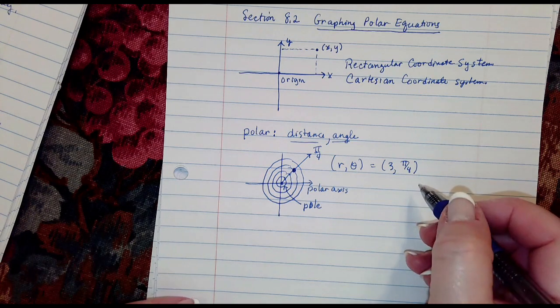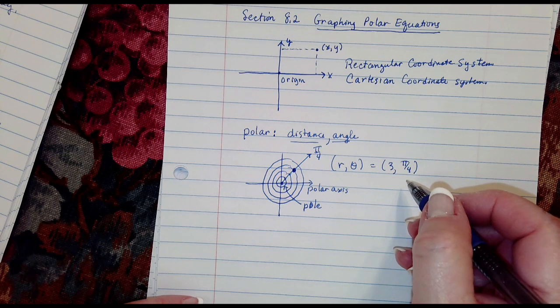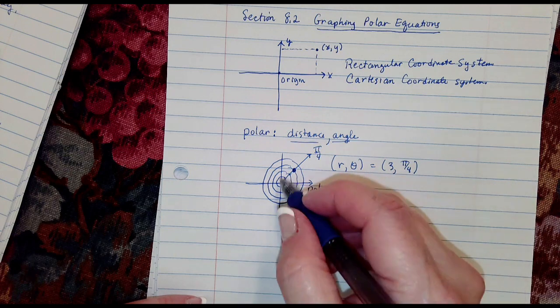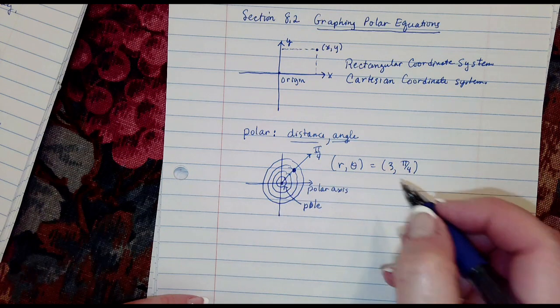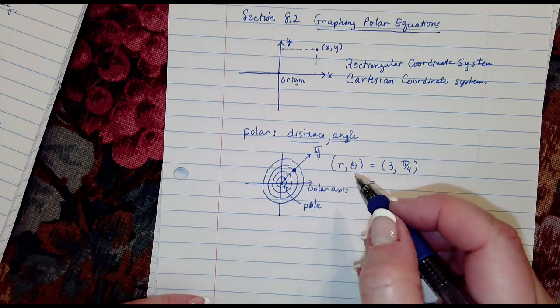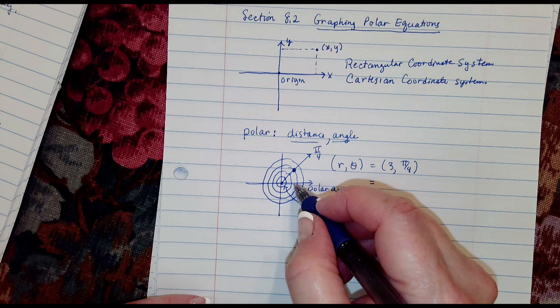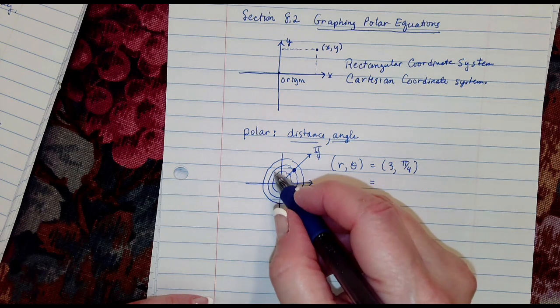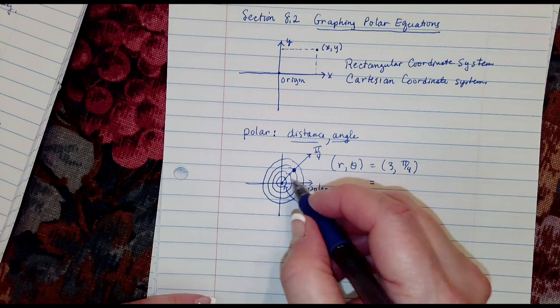Now, the thing about polar, compared to rectangular coordinates, is that there's more than one name for every point. There's actually an infinite number, because we could go around and stop there, go all the way around and stop there, and just keep doing that forever. But what would be some of the ones that are just local, the way we have it? If we look at it, one would come from here all the way around in the negative direction to get to that dot. So how many would that be? Let's draw the other one in.